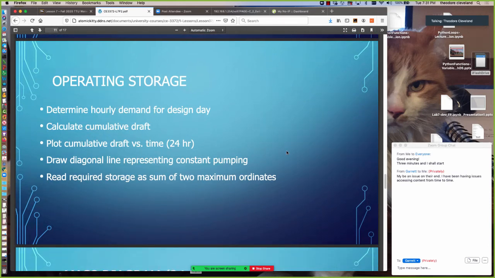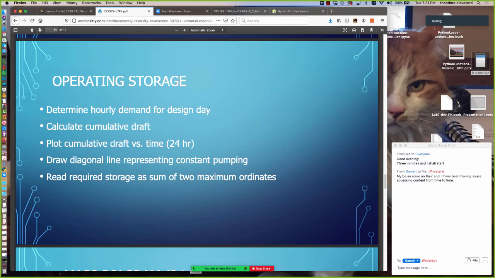So how do we go ahead and size these things? We're going to look at some of the calculations for determining operating storage or flow equalization storage. The steps are to either determine or obtain the hourly demand for the particular design day.